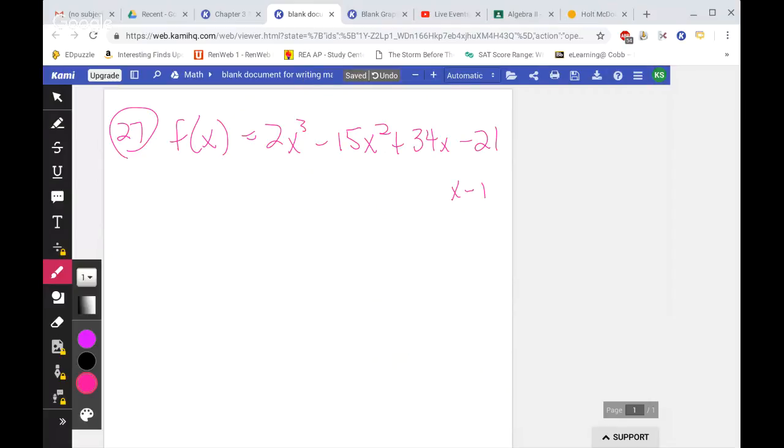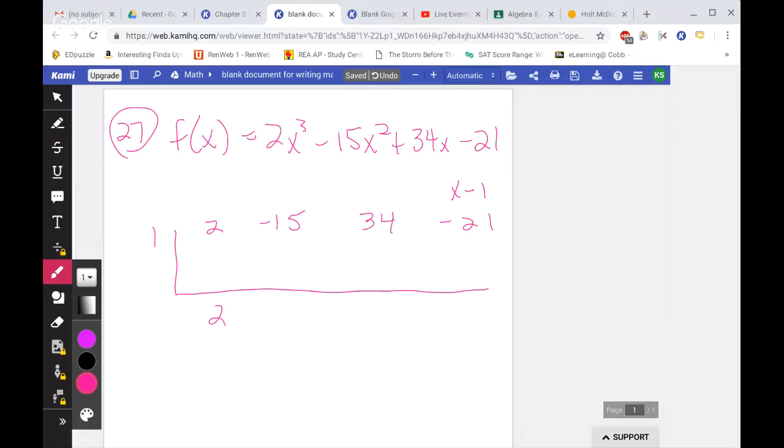Just like I said before, you take the opposite, and the opposite of -1 is 1. Then you double check to make sure you don't need placeholders, which we don't. We've got 3, 2, 1. So we're just going to take our coefficients of 2, negative 15, 34, and negative 21. You're going to bring down that first term and then start your multiplication process.